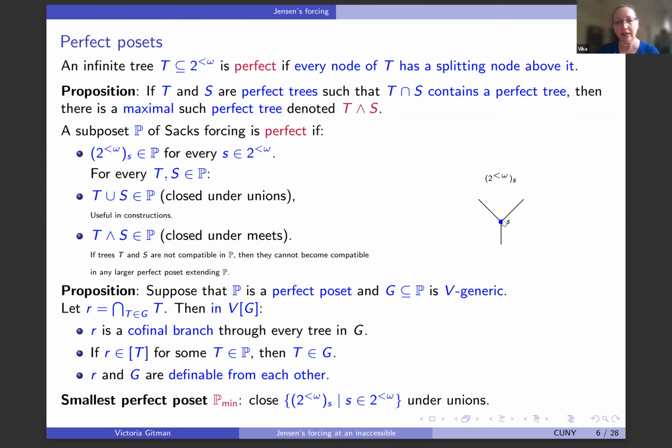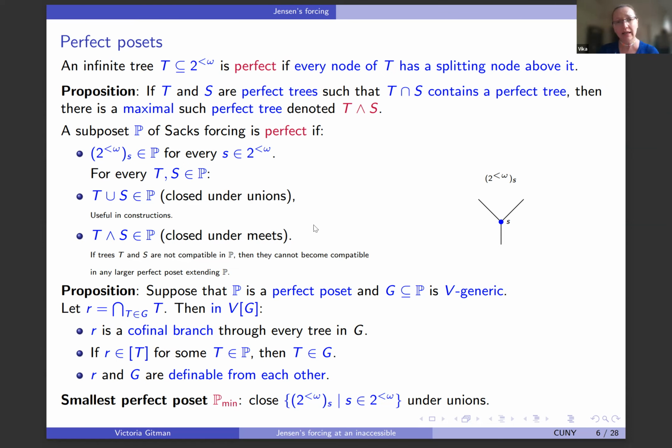It means that we take the stem up to s and then everything above it. This is fairly standard, but I thought I would mention it. So it contains all of those, and then it's closed under unions and under meets. So closure under unions is going to be key in our construction. And then closure under meets is useful in many situations.